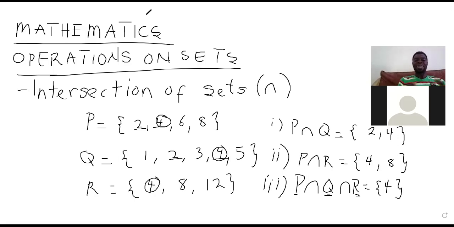So that is how we find the intersection of 2 or more sets.